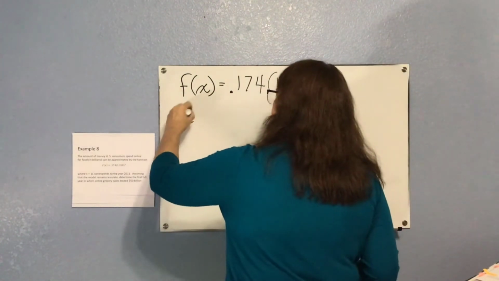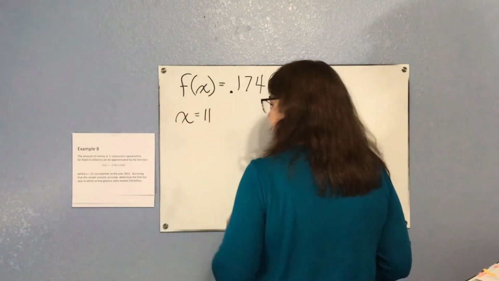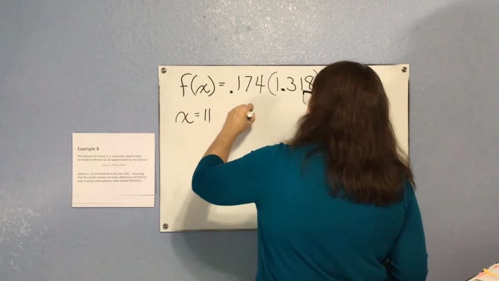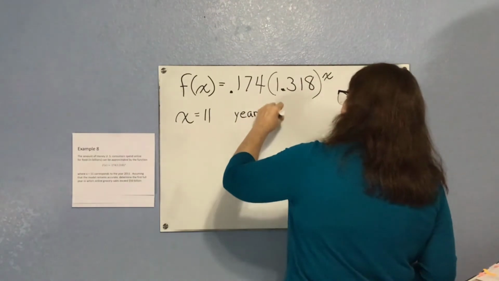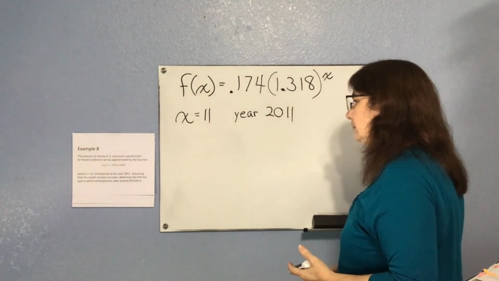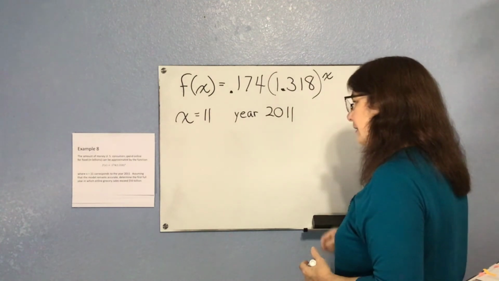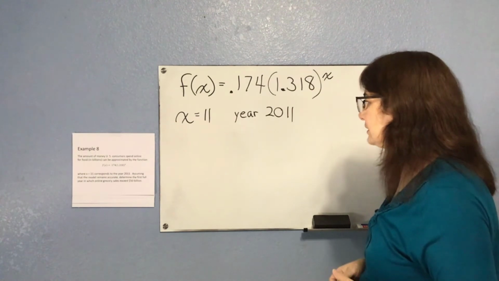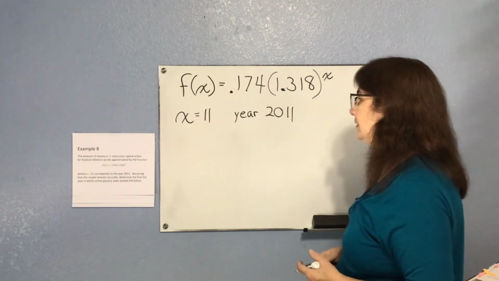And x equals 11 is the year 2011. And I want to know, if this model remains accurate, what's the first full year in which online grocery sales exceeded 50 billion?